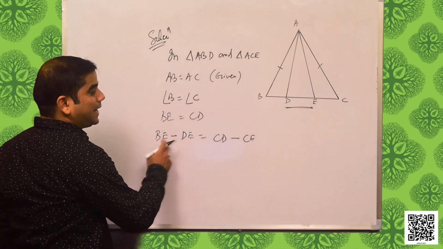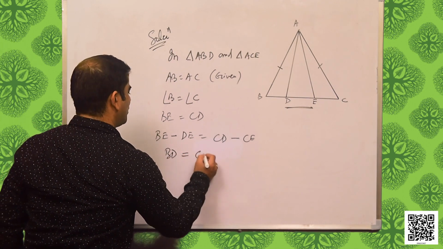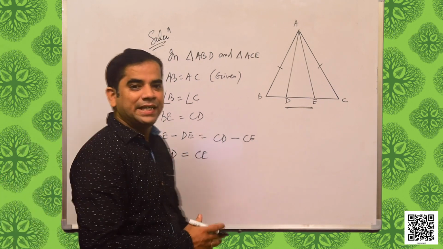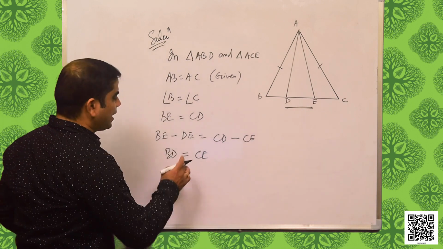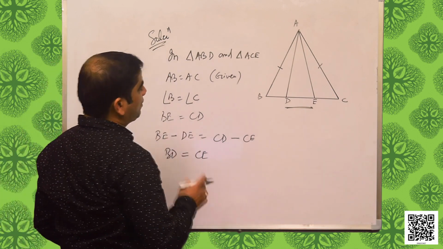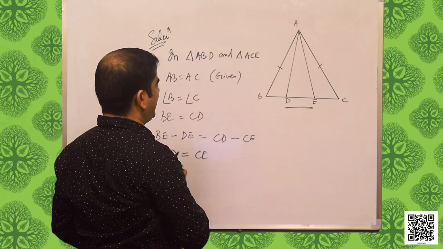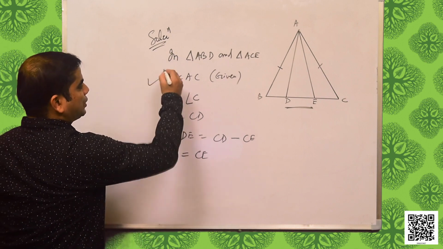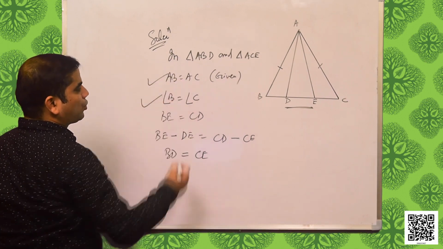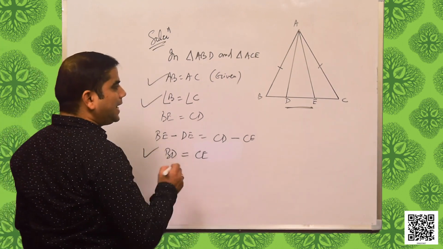Okay. So, what is BE minus DE? It is BD. So, BD is equal to CE. Okay. So, if BD is equal to CE and we concentrate on triangle ABD and triangle ACE, now what we have found is that AB is equal to AC, angle B is equal to angle C and BD is equal to CE.